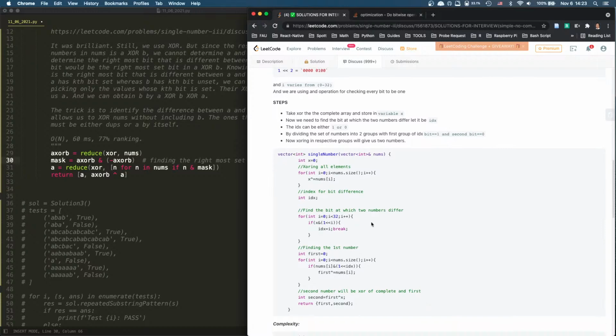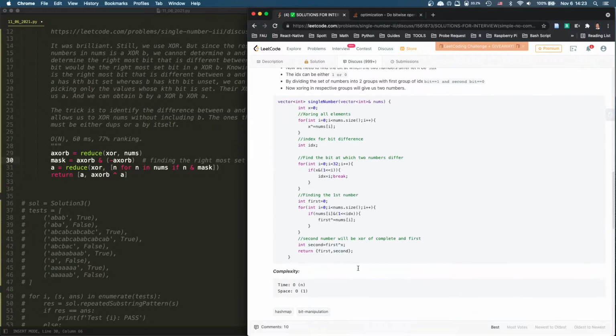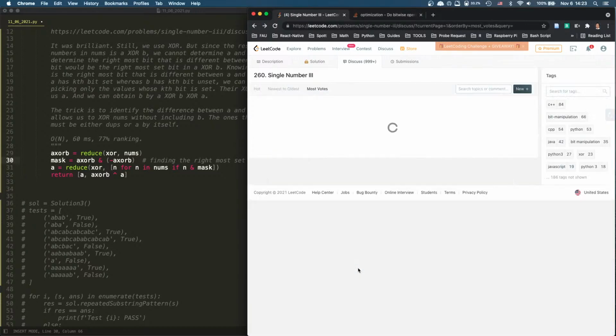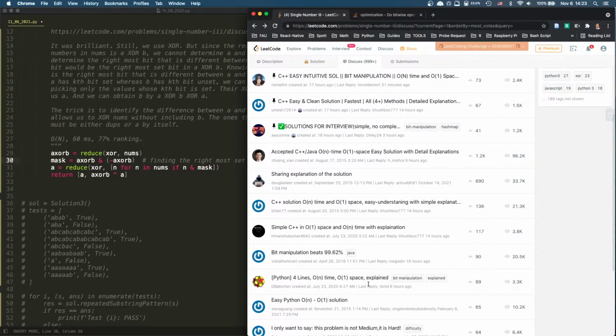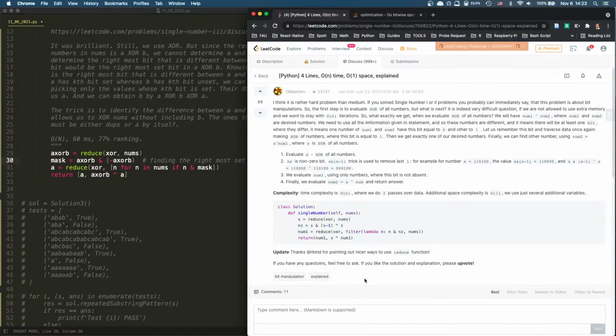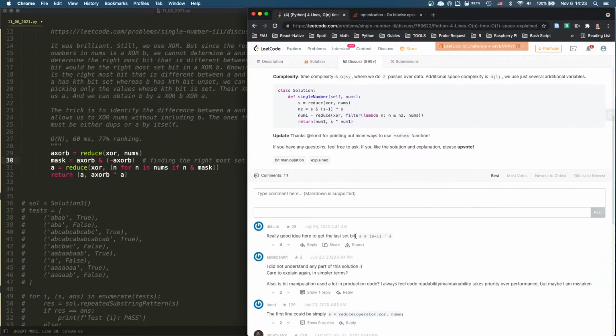Two numbers differ, find the first value, find the second value. Yeah, that's the same idea. Wow, good. Four lines. Oh, do we have the exact same? Reduce. Hey, we do exactly the same.